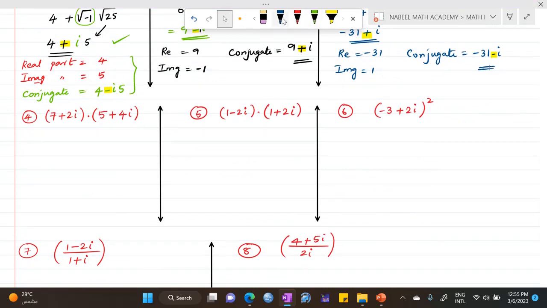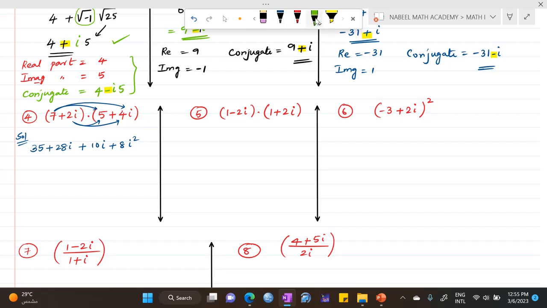Now the next one, we will have a multiplication of two complex numbers. How will you multiply? This is the same thing we have done for polynomials. Take one term and multiply with both the terms. So you will get here 35, then plus 28i, then plus 10i. Next, plus 4 into 2, 8i square.